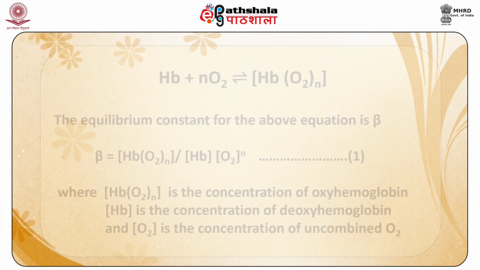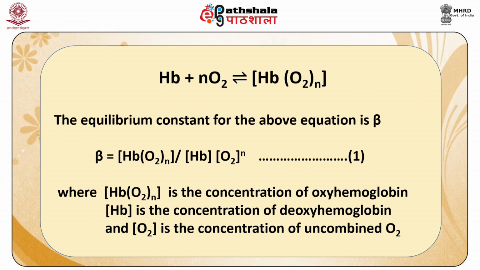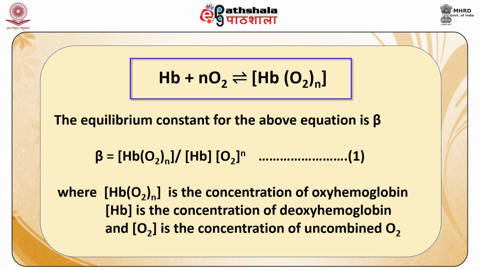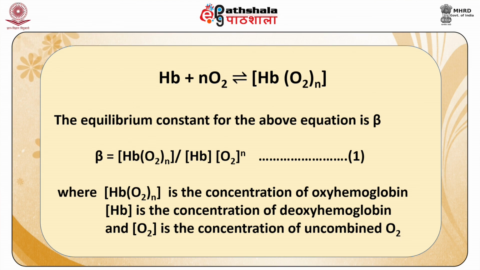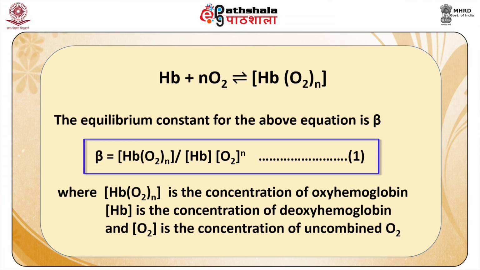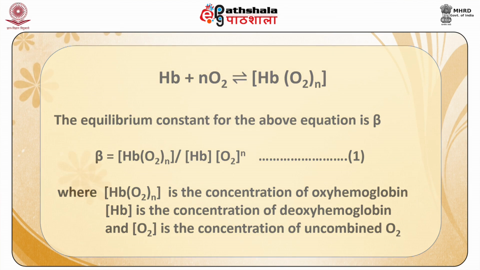Mathematically, we can arrive at the Hill equation. We can describe the binding of dioxygen to hemoglobin by the equilibrium Hb + nO2 giving Hb(O2)n. The equilibrium constant for the binding, beta, is the concentration of oxyhemoglobin divided by the concentration of hemoglobin and the concentration of uncombined oxygen to the power n.